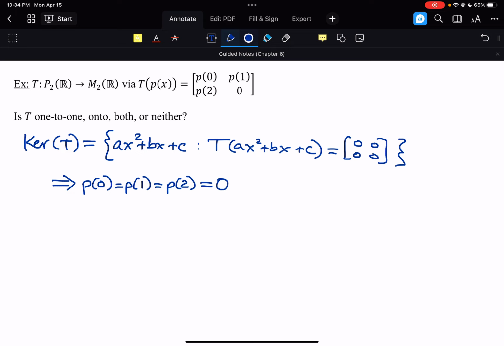So for p of 0, if x is 0, then all we're left with is c equals 0. For p of 1, if x is 1, that's a plus b plus c equals 0.